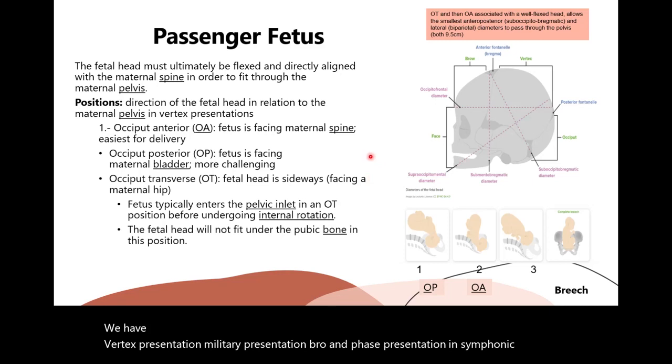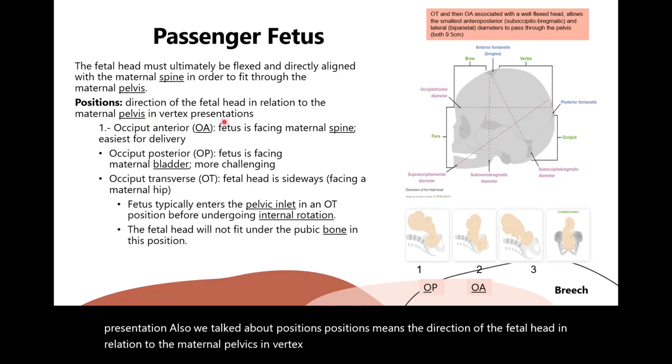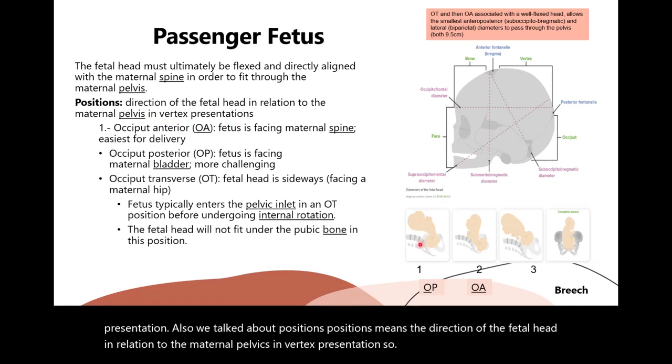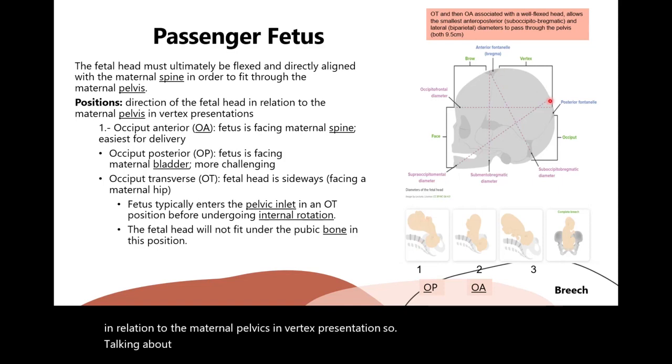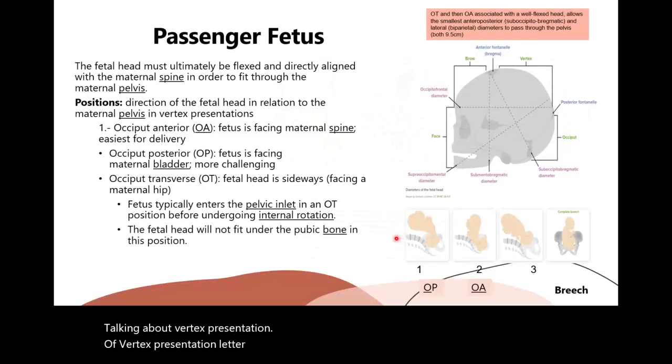Also, we talked about positions. Positions means the direction of the fetal head in relation to the maternal pelvis in vertex presentation. So, talking about vertex presentation, we are going to define a position.